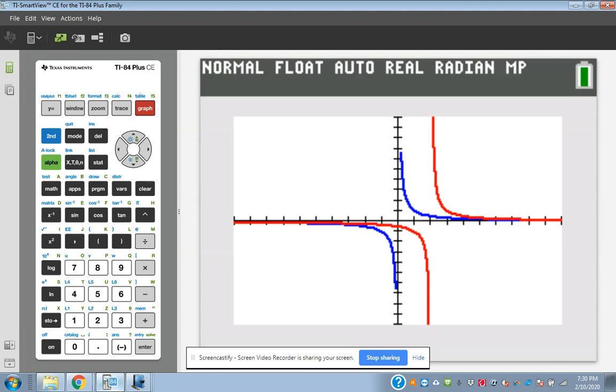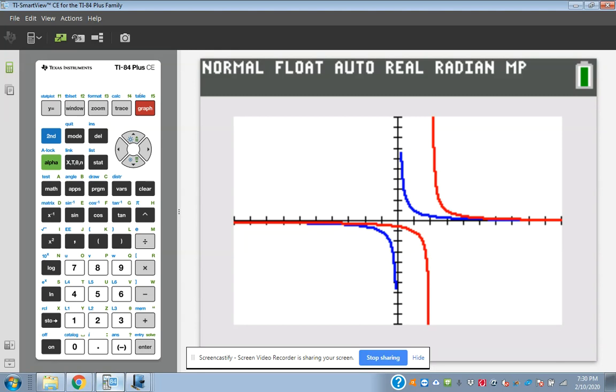Okay, so if it shifts the function to the right 2 units, where is that vertical asymptote now? The original was at 0. So it's at, what is it? At 2, at x equals 2, because we're shifting to the right 2 units. If it shifted it to the left 4 units, it'd be at x equals -4.